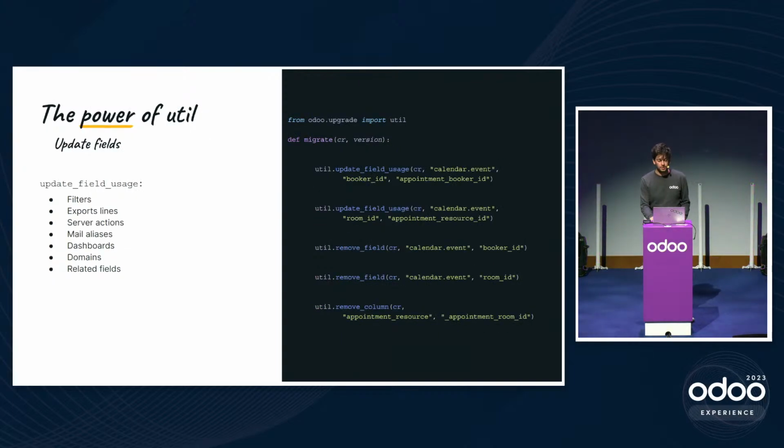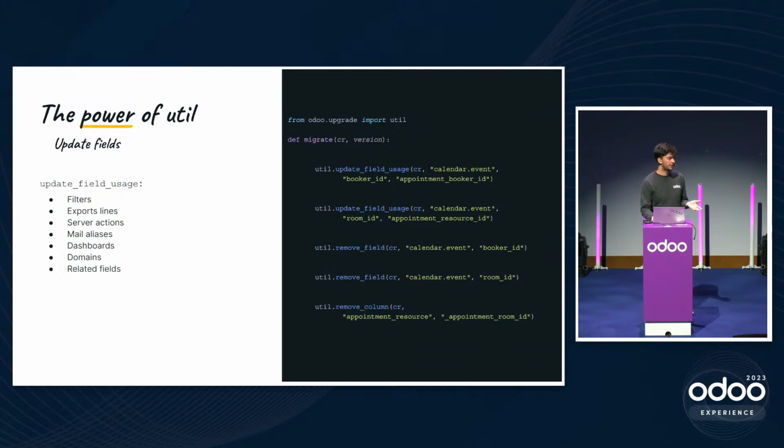Then we will work on updating the fields. For that, we'll call a function called update field usage. This function takes the model as an argument, then the old field name and the new field name. What this function does is it also updates all the filters, the export lines, the server actions, the mail aliases, dashboards, etc. for you, so that you don't have to think of that when you do the upgrade.